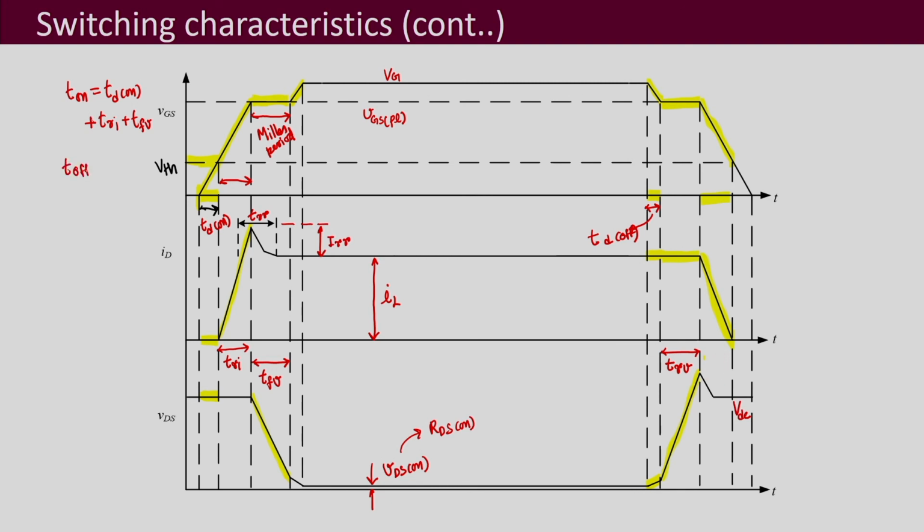So, T off you can write is equal to TD off plus TRV plus TFV, and this is this TFV.